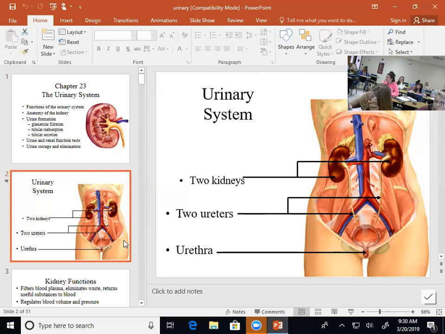I do want you to know that post-puberty, the number one cause of urinary tract infections in women is a bacterium called E. coli. This is capital, this is lowercase, it's Escherichia. Escherichia is the genus, Escherichia coli.